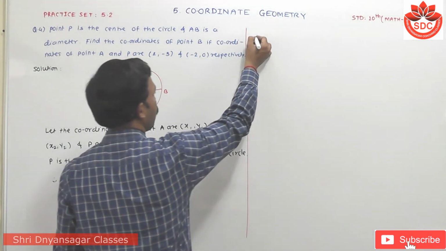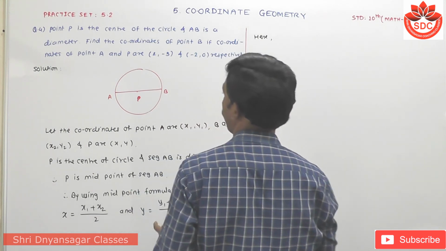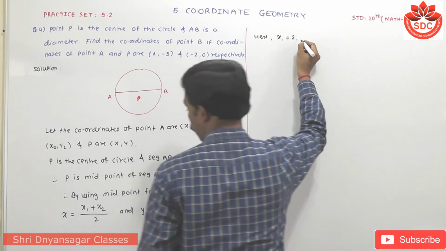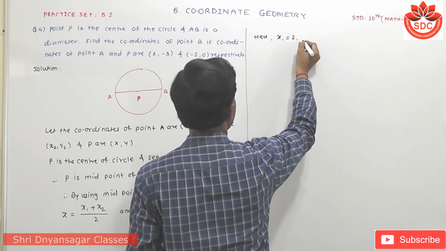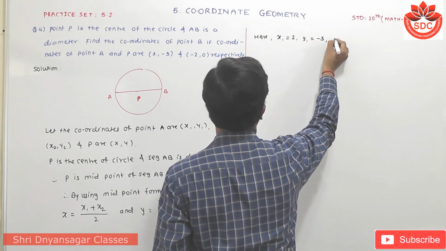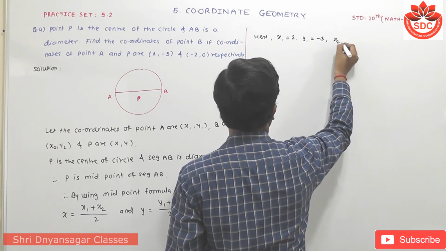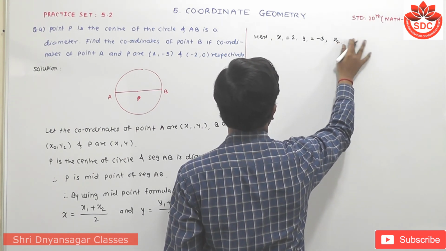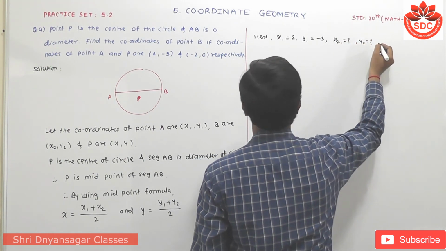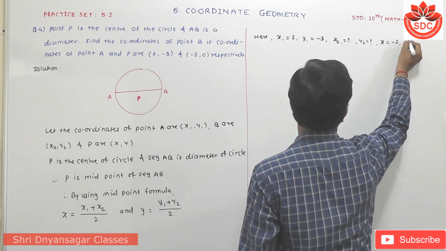Student, here x1, the coordinate of point A, is 2. Then y1 is -3. x2 and y2 we have to find out, that means x2 is question mark, y2 is also question mark. Then x is given here as -2 and y is 0.